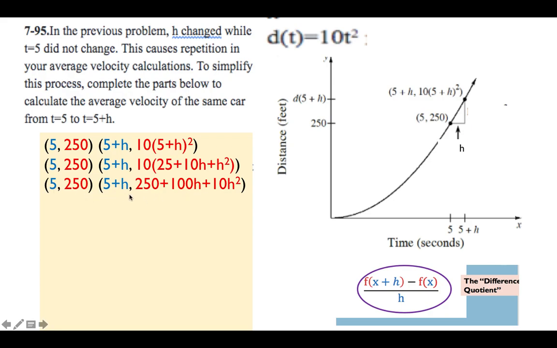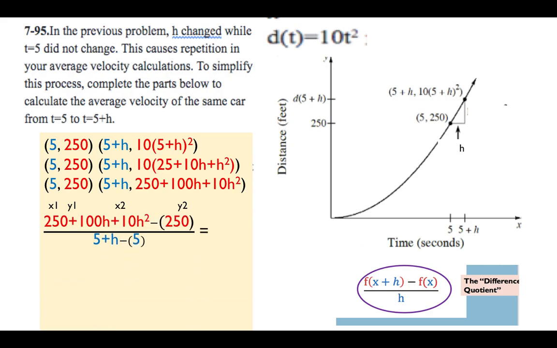These are simplified. Great. Now we're going to go ahead and create the average velocity equation, or the average rate of change equation: y2 minus y1 all over x2 minus x1. See, I just did my y2 minus y1 and then my x2 minus x1 right here.